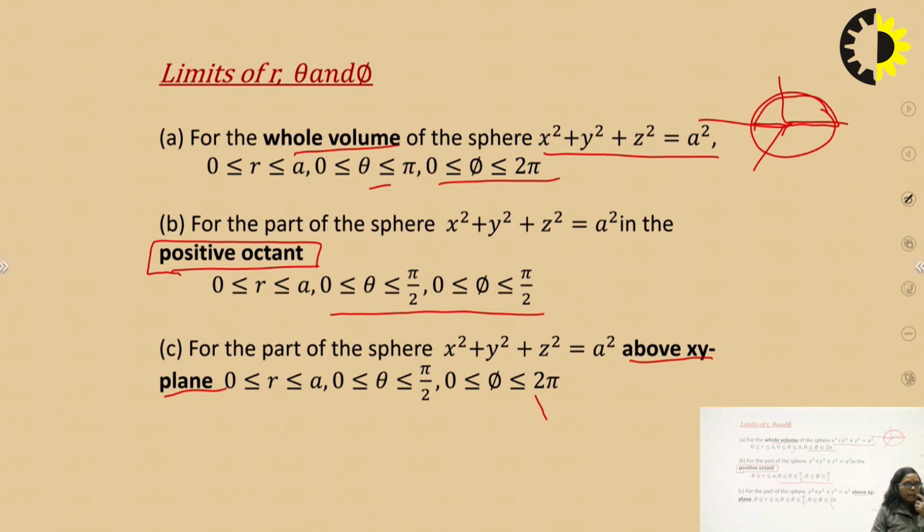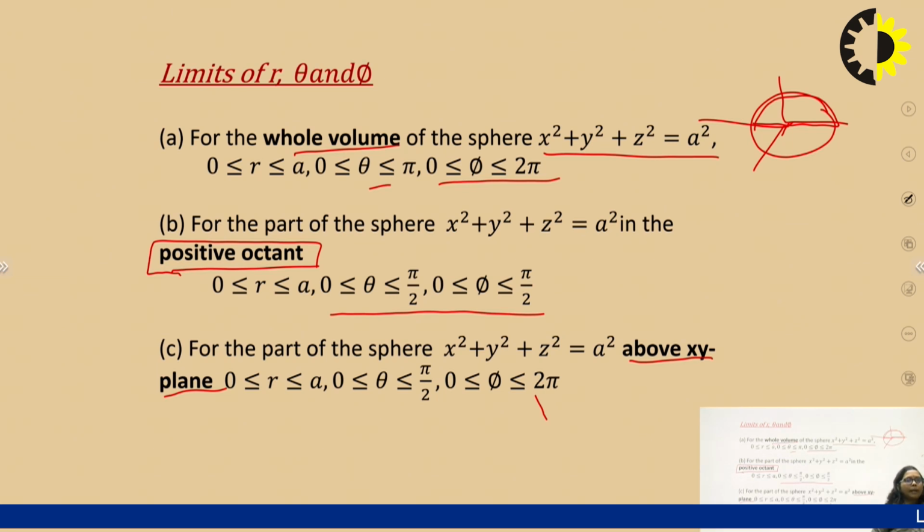So when you are dealing with the hemisphere, the limit for r remains the same, from 0 to a. The limit for theta for the hemisphere moves only from 0 to pi by 2. But what about phi? If you need to find the angle of rotation, this also moves on its axis from 0 to 2 pi. So the limit for phi here also remains the same, from 0 to 2 pi.